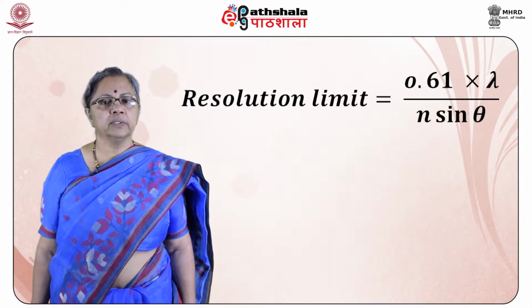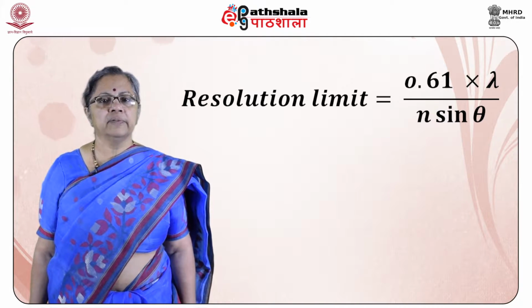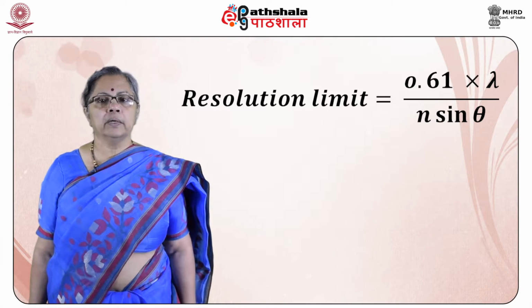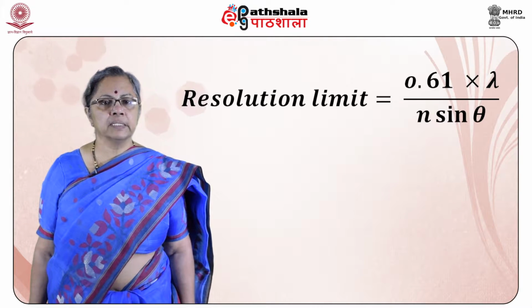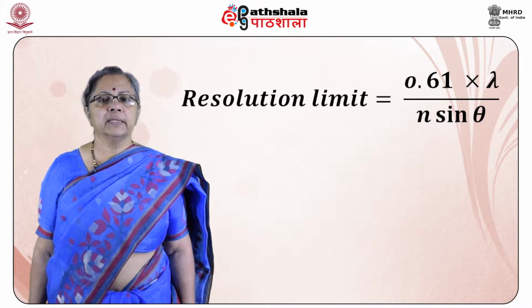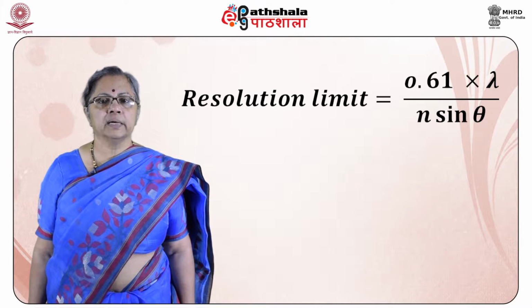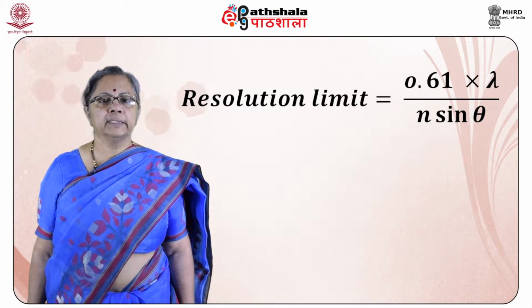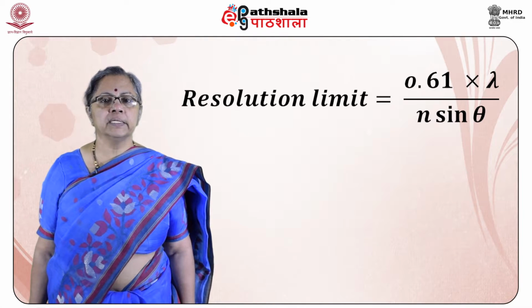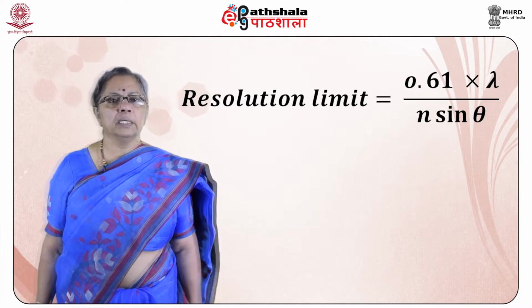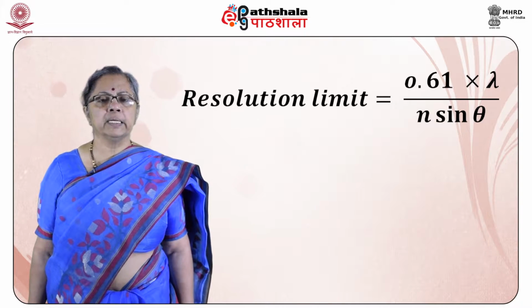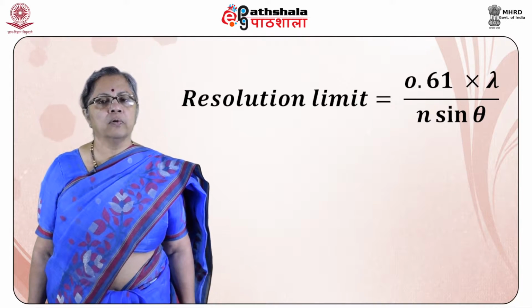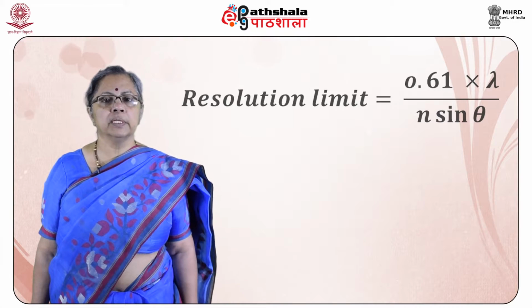Lambda is the wavelength of visible light, n the refractive index of the medium, air or oil, separating the specimen from the objective and the condenser lens, theta is half the angular width of the cone of light collected by the objective lens, maximum being 180 degrees and therefore sin 90 being 1. In other words, the resolution limit is approximately half the wavelength of the ambient light used in the microscope.